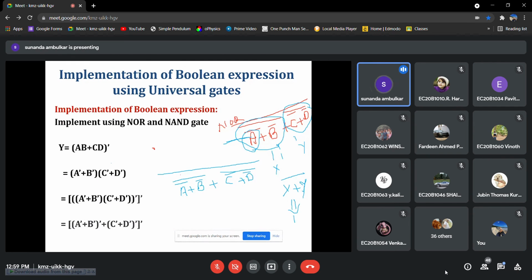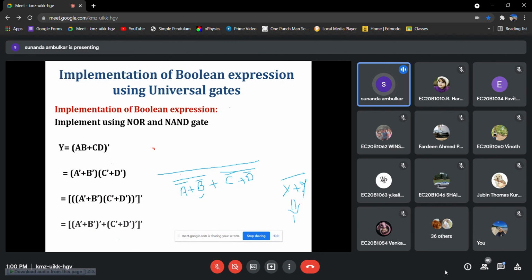Okay. So before implementing, we have to implement the individual terms. To do so, A and B we have to implement.